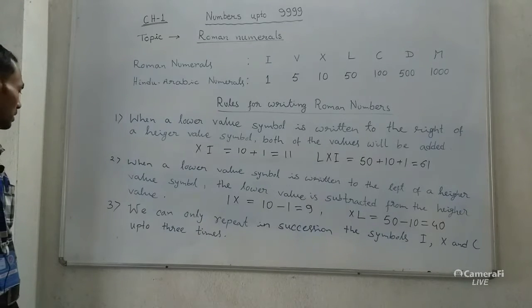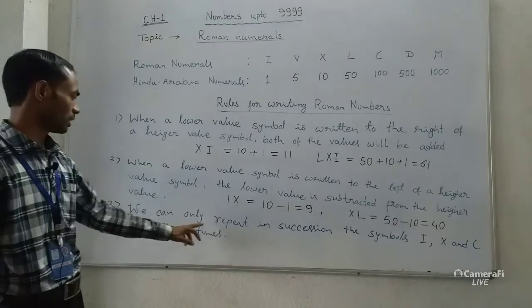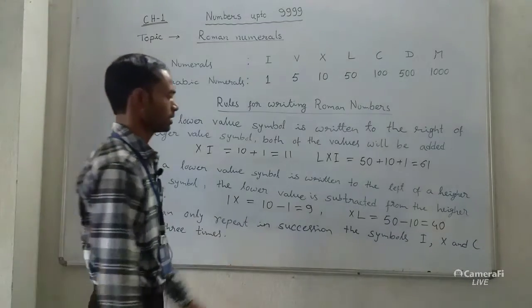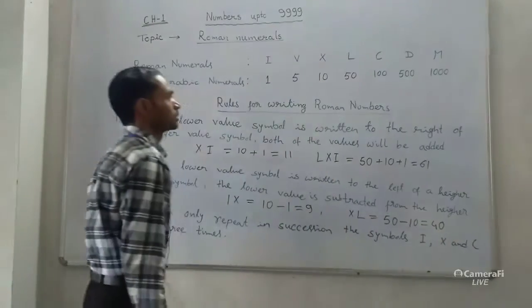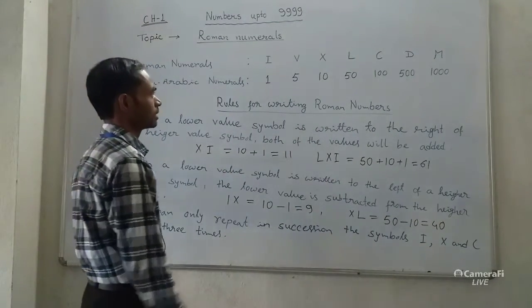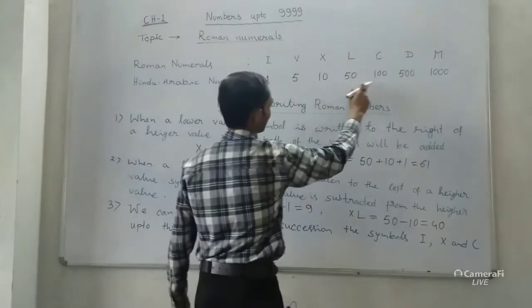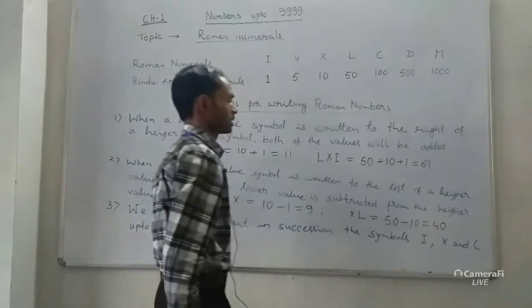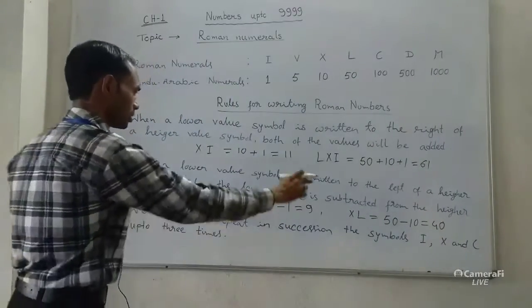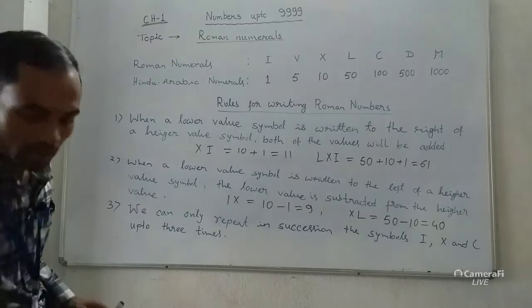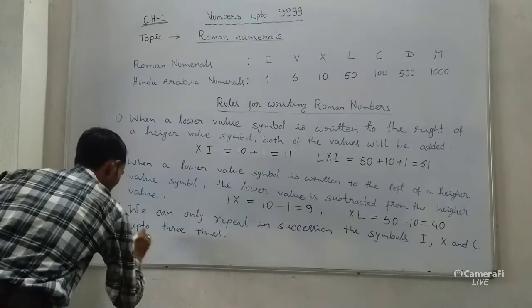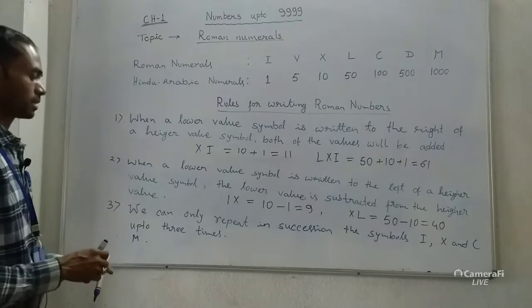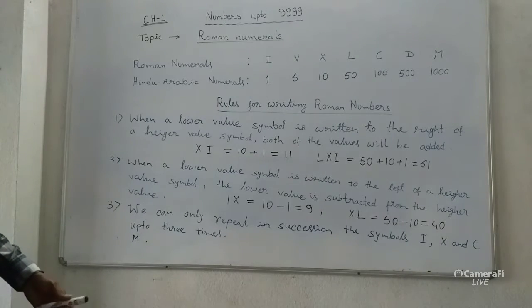Now coming to rule number 3: we can only repeat in succession the symbols I, X, C and M. You can easily check how many symbols there are: 1, 2, 3, 4, 5, 6, 7. 7 symbols. You can repeat M also successively.